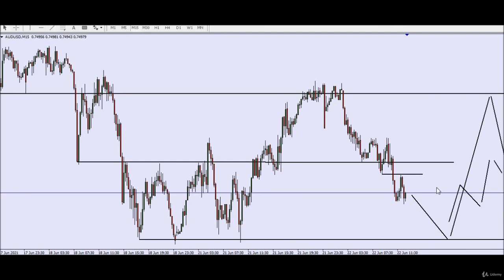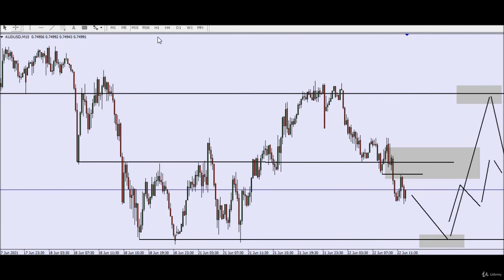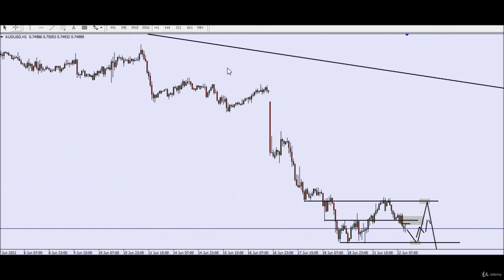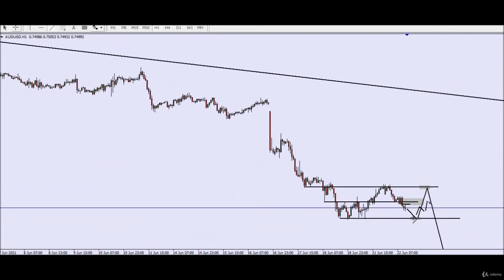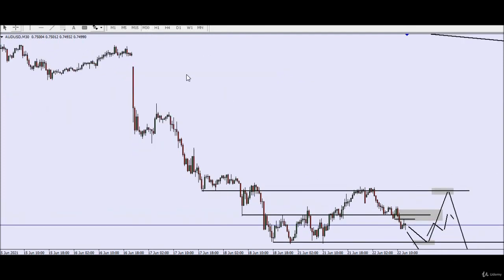And that's it. Wait for signals here and here and here, and when you see a good signal you can enter the market. And don't forget that it can also break this level now without some kind of retest.